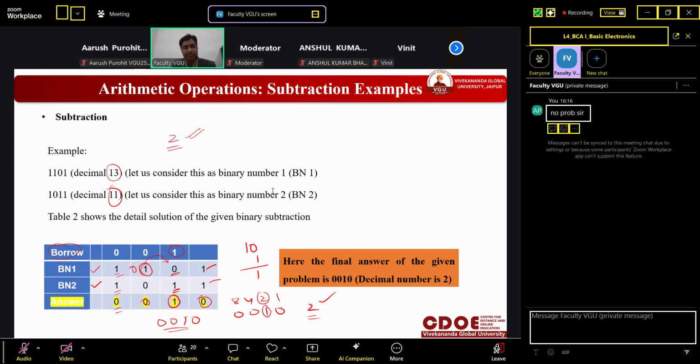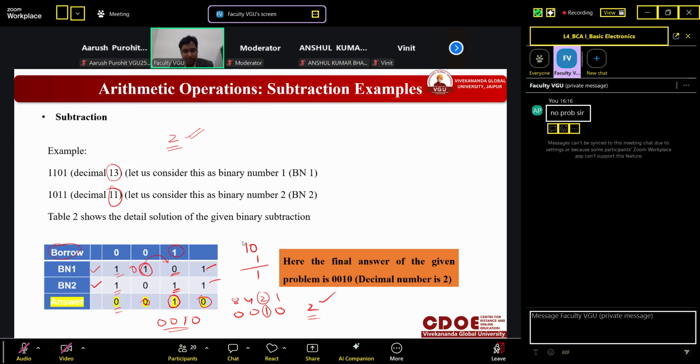We can verify our answer also, whether we have done it correct or wrong, because there may be a mistake in taking borrow. Okay. So we have to verify also whether the resultant is correct or not. Understood? Any problem? So addition, carry and borrow.